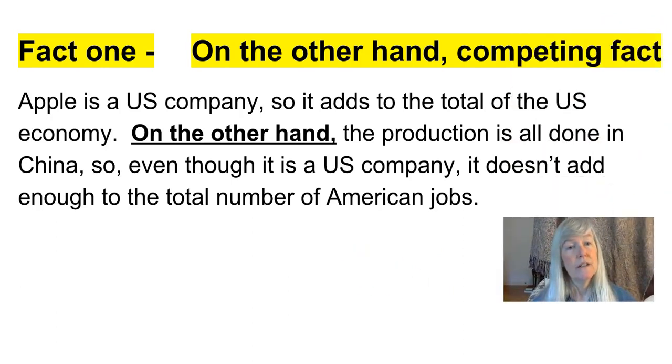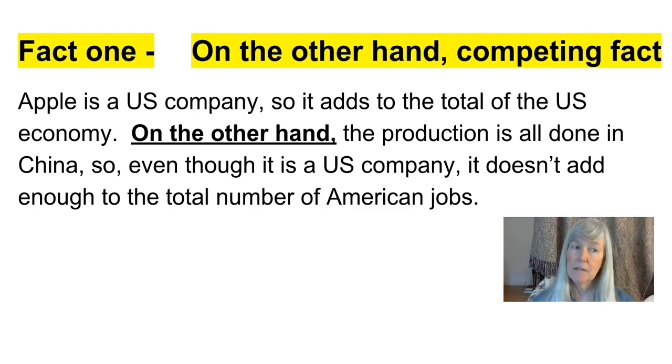This one, you have fact one, and the other hand is a competing fact. Apple is a U.S. company, so it adds to the total of the U.S. economy. On the other hand, the production is all done in China, so even though it is a U.S. company, it doesn't add enough to the total number of American jobs.